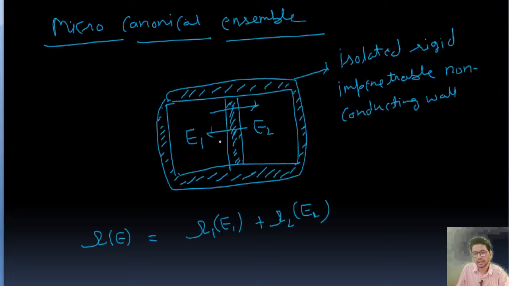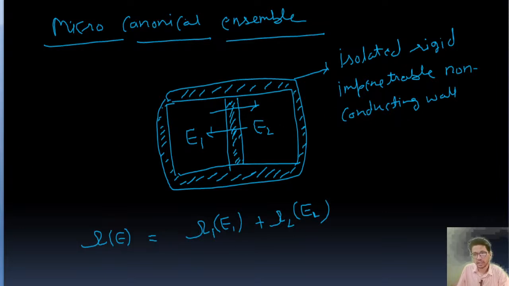Next, here we can see E1 plus E2 is the total energy, because energy can transfer from one part to another part, but cannot go outside. This is an isolated, impenetrable, non-conducting wall.